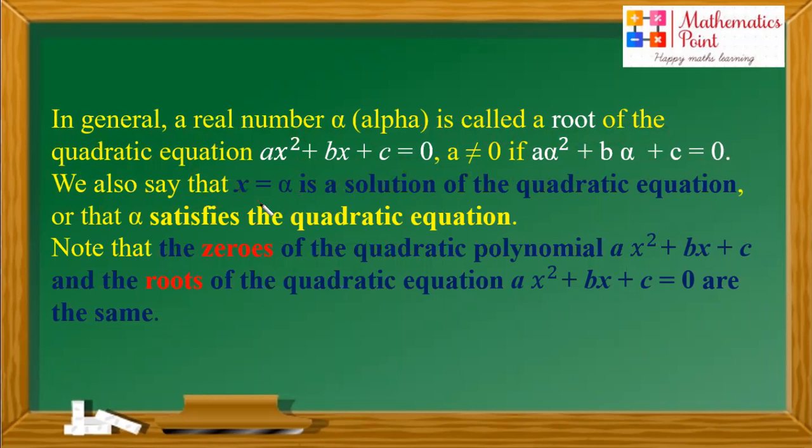We also say that x equal to alpha is the solution of the quadratic equation, or that alpha satisfies the quadratic equation. Note, the zeros of the quadratic polynomial ax square plus bx plus c and the roots of the quadratic equation ax square plus bx plus c equal to 0 are the same.